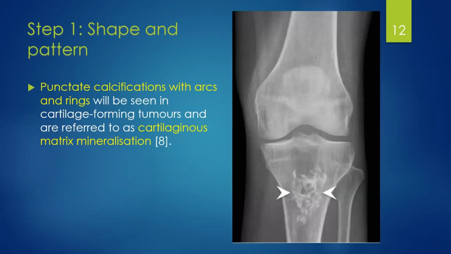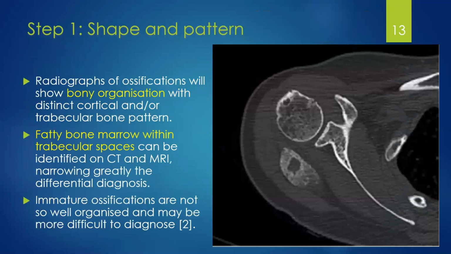So now we're going to talk about shape and pattern. Punctate calcifications, as indicated in the proximal tibia with arcs and rings, will be seen in cartilaginous forming tumors and are referred to as cartilaginous matrix mineralization. Radiographs of ossifications will show bony organization, as we see here, with distinctive cortical and trabecular bone pattern.